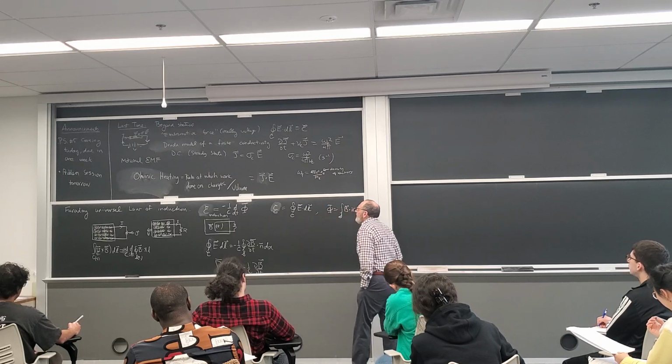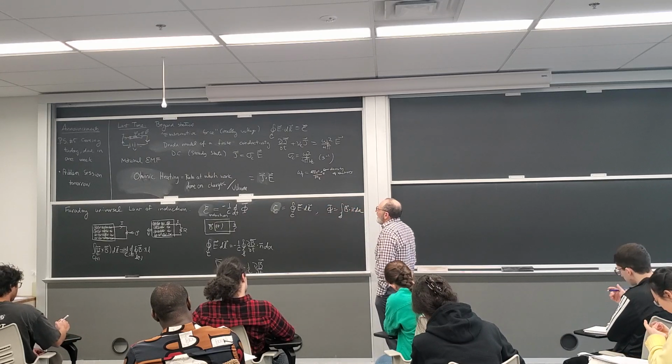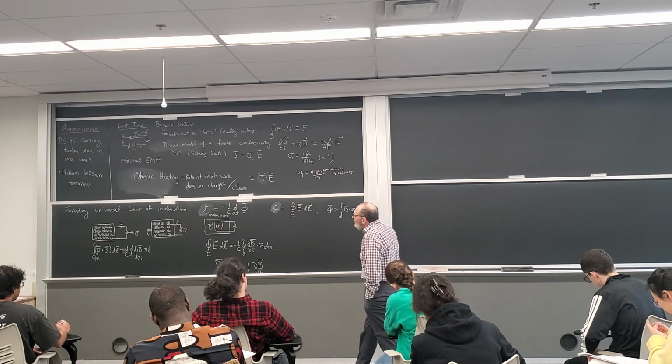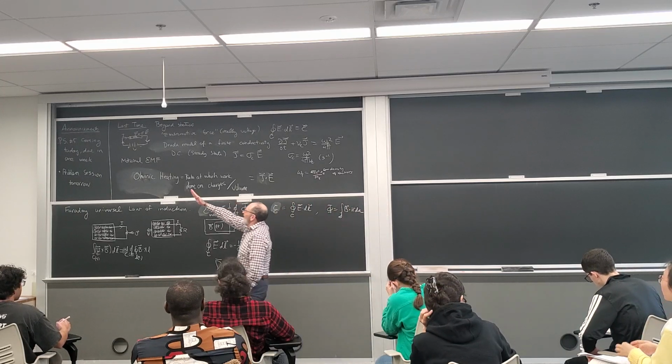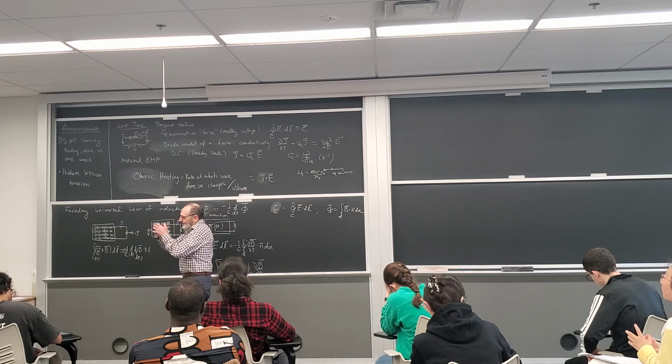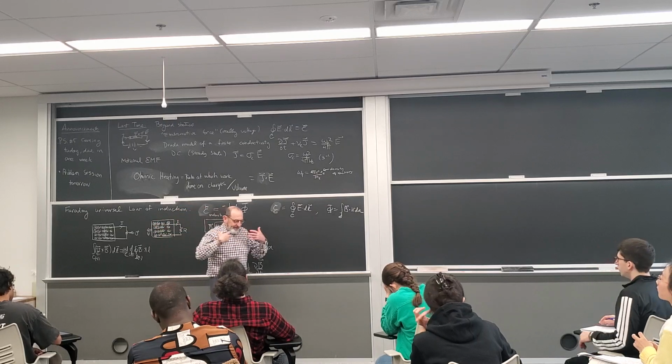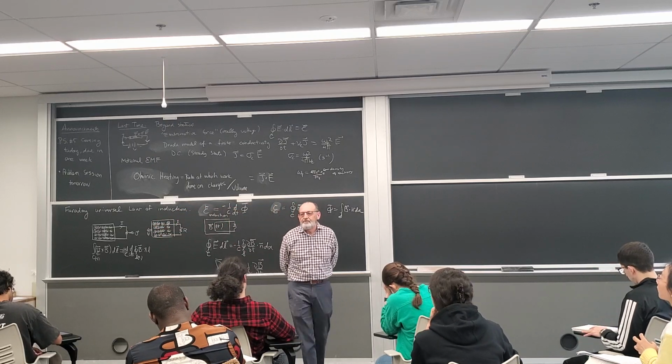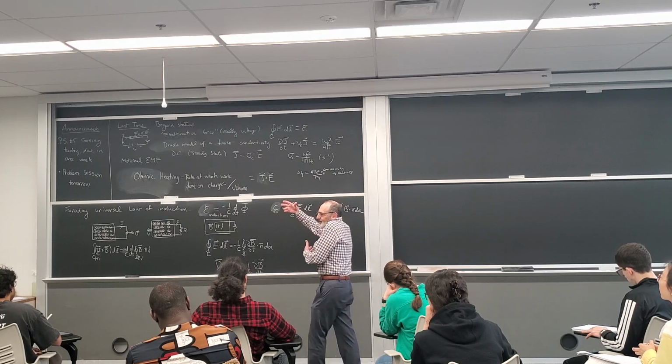And the other thing we talked about last lecture was the idea of ohmic heating. Because of these collisions, there is dissipation of energy, and the resistor will heat up.